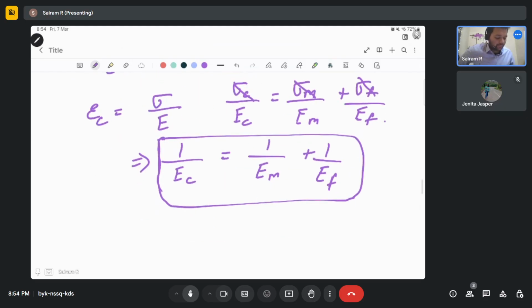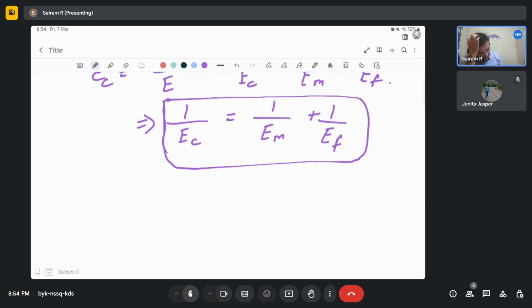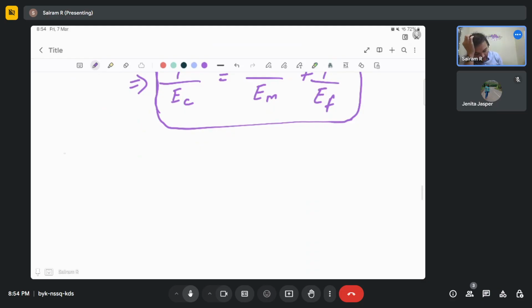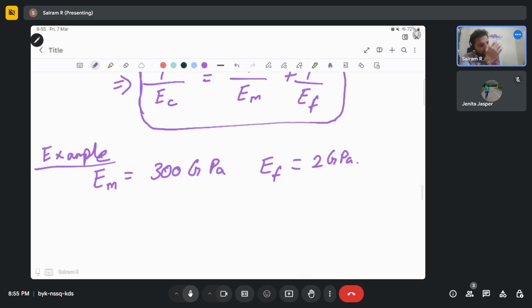Okay, this is where the professor did an example. We'll also take one more random example. Let's say we have a material where my matrix Young's modulus is around 300 GPa and my fiber is around 2 GPa.